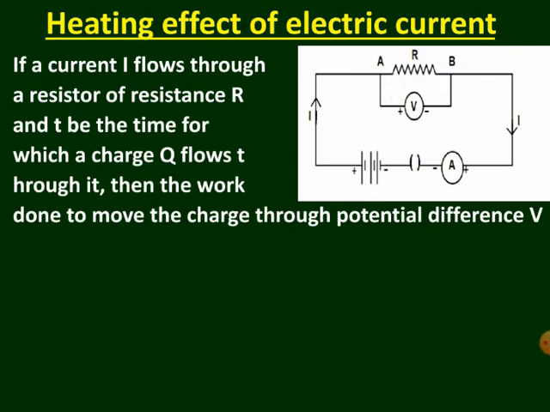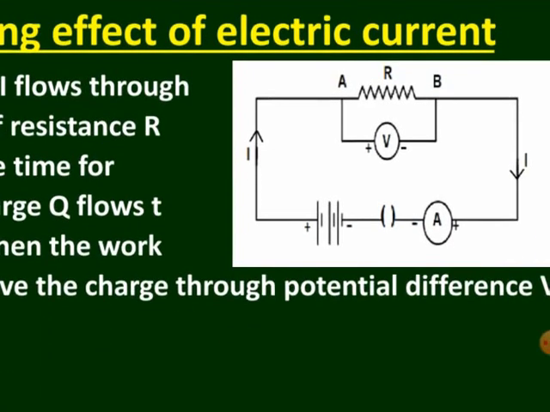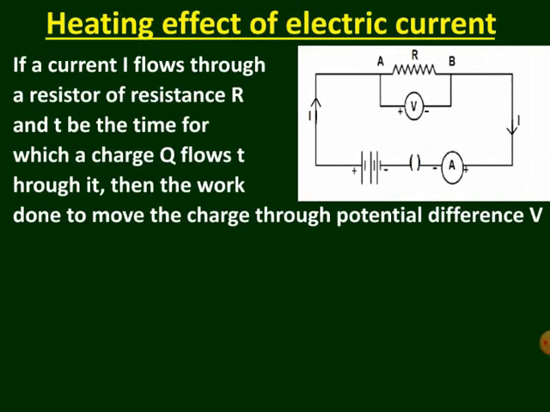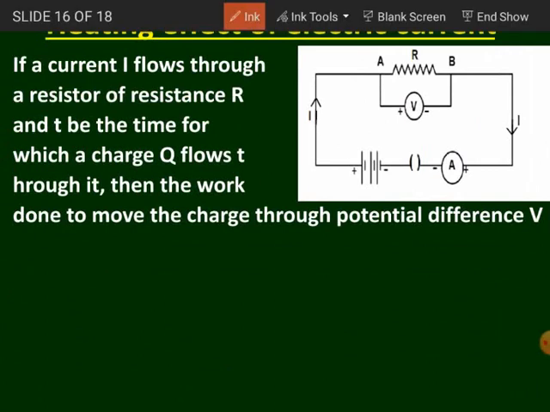We know your electric potential. You read the descriptions, or if you want to note them down, you pause this video and note it down, but let me not read all those texts word by word. Let me explain. Now, as I said, how do we define electric potential? We define electric potential as the amount of work done in bringing a unit positive charge from one point to another point inside the conductor.